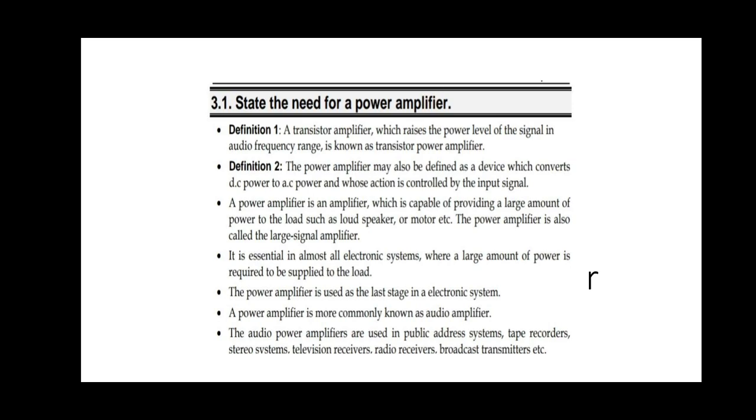The voltage level of this signal is raised to a sufficiently high level, a few volts, by passing it through a multi-stage voltage amplifier. This voltage is then used to drive or excite the power amplifier.